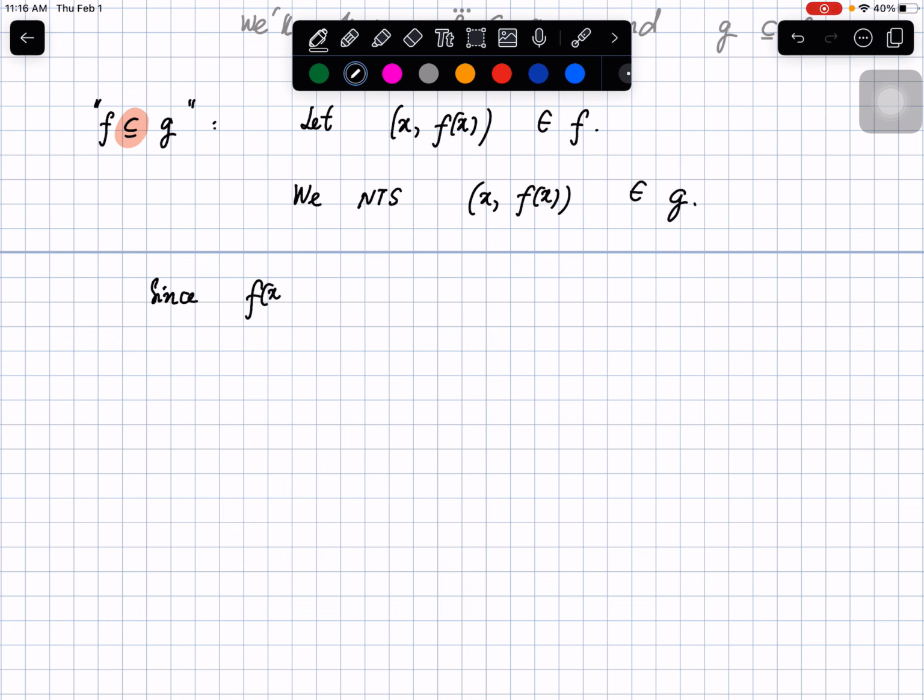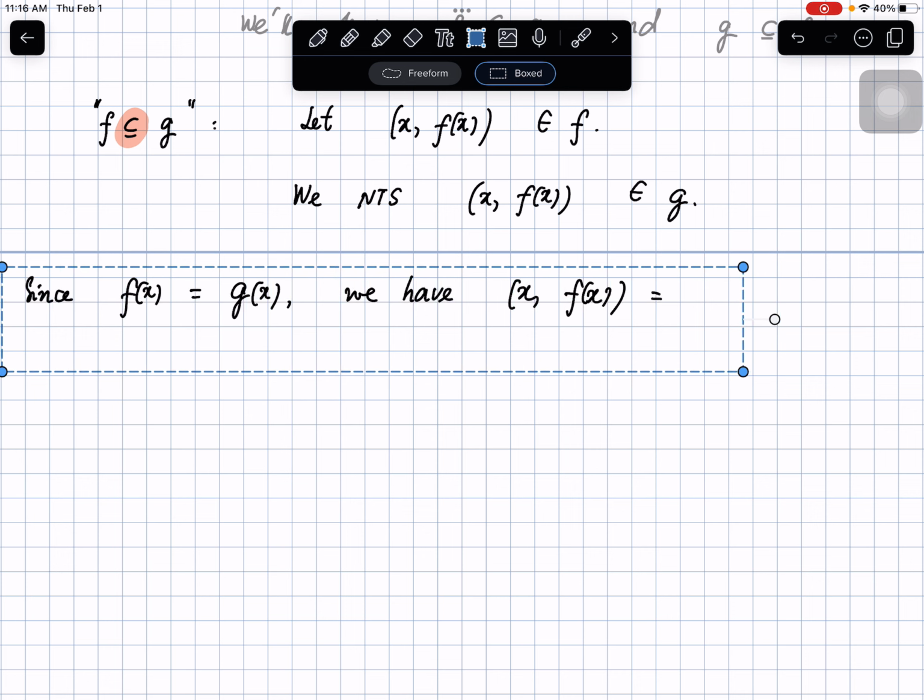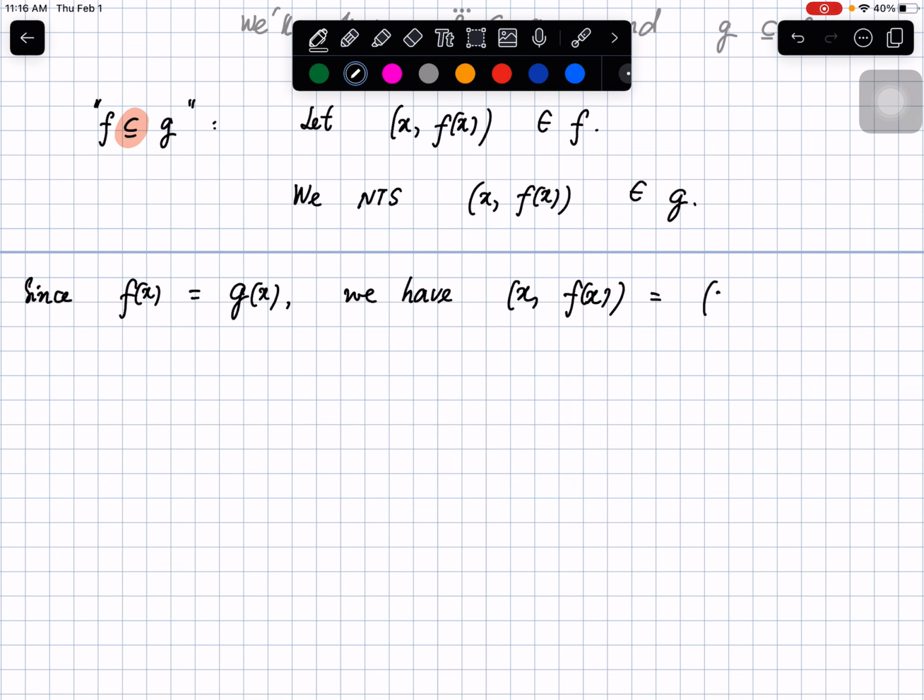Since f of x equals g of x, we have (x, f of x) equal to (x, g of x), and therefore this is in g. So we have done the first part: f is a subset of g.